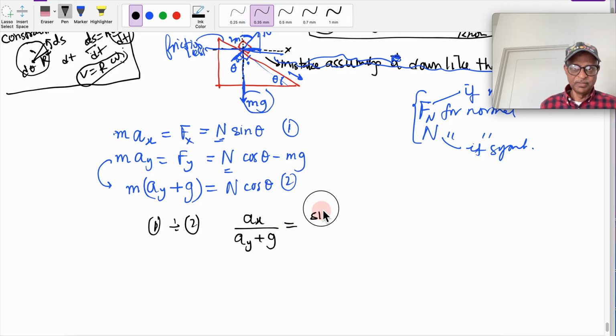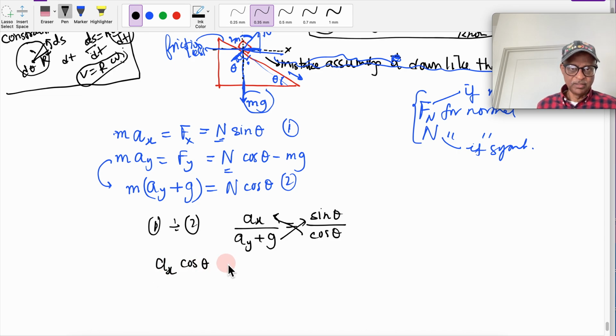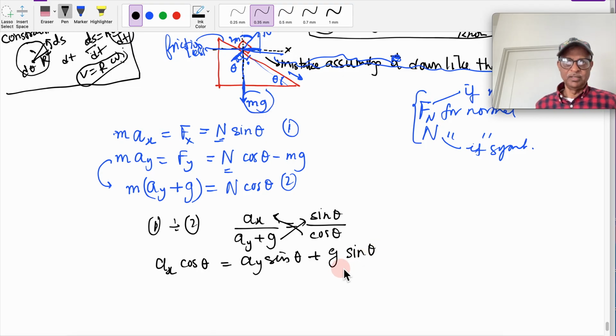And this will be sine theta over cosine theta, because n cancelled out and m cancelled out. That's why I didn't need m; m was just a placeholder. So just doing this makes it ax cosine theta equals ay sine theta plus g sine theta.